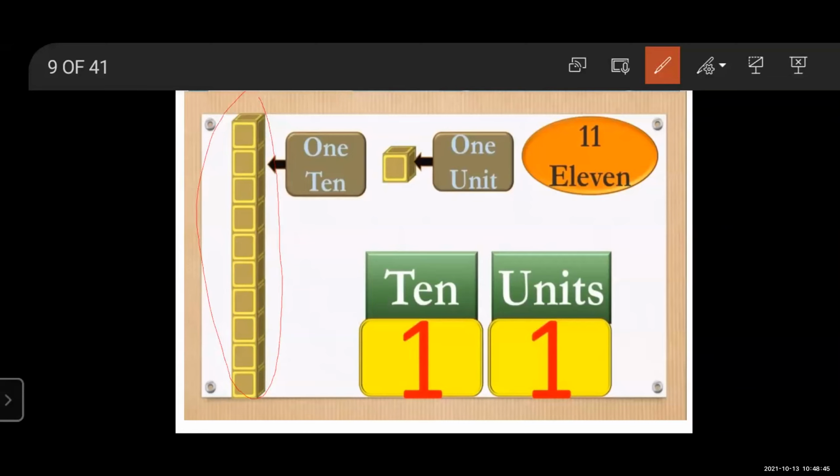And this is only a single block, that is called one unit. You know that, and the 10 is written on the left side.